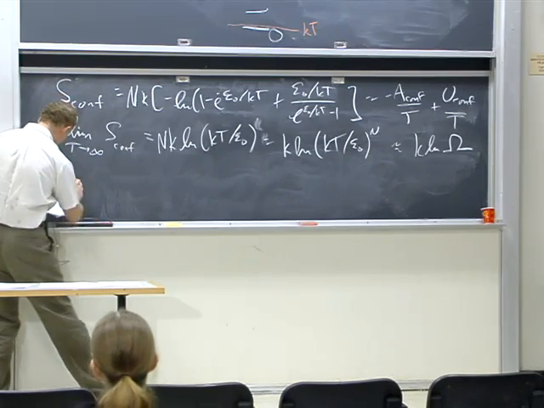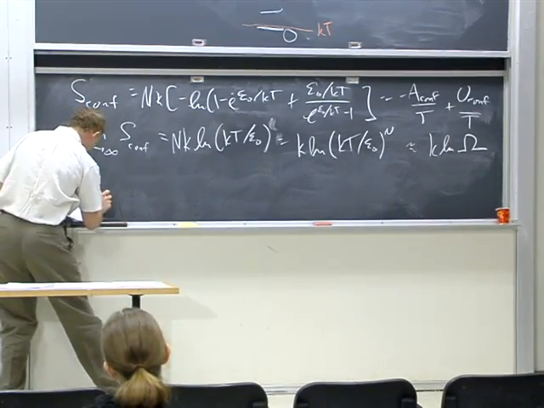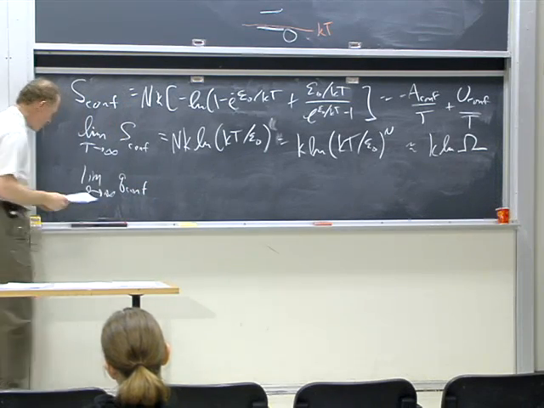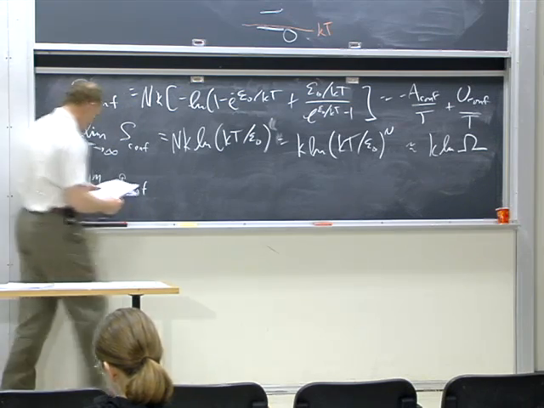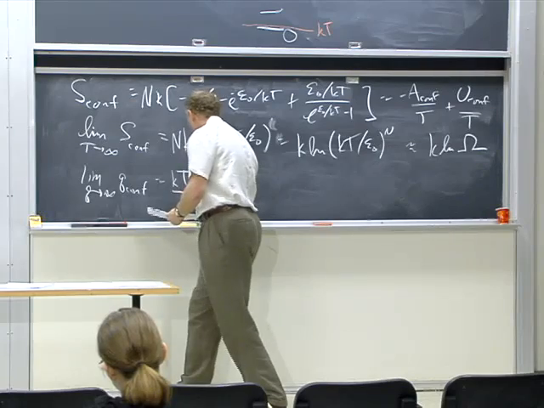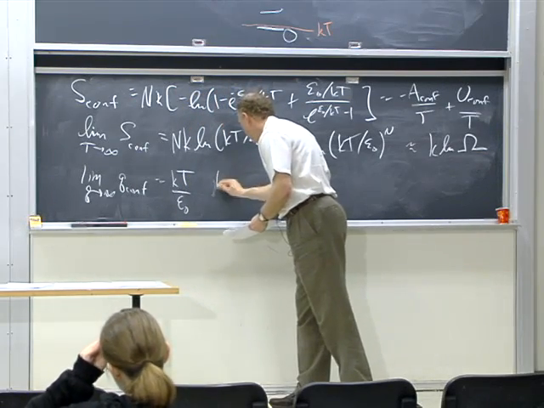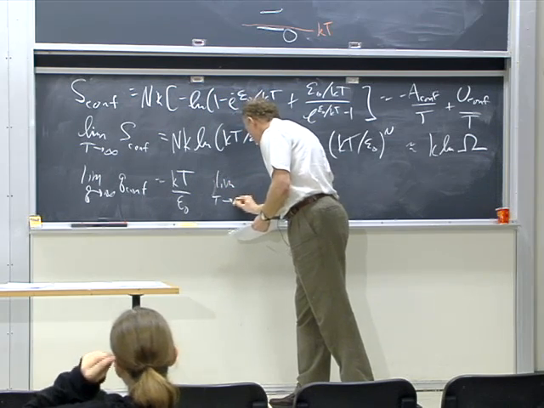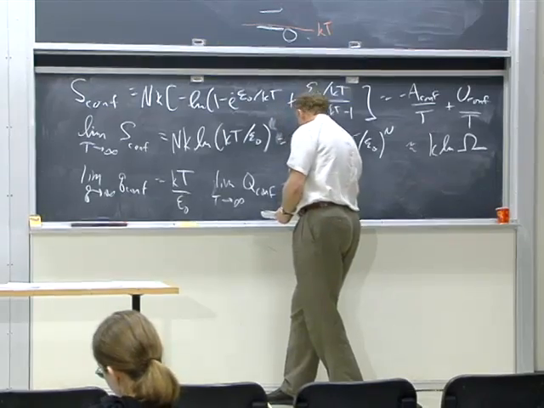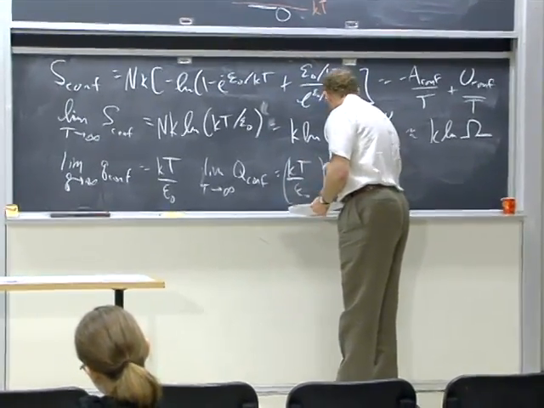So if we look at the limiting value of the partition function, it's just kT over epsilon 0, or the same thing for capital Q, kT over epsilon 0, sorry, to the nth power.